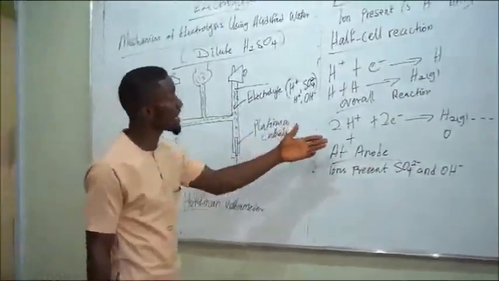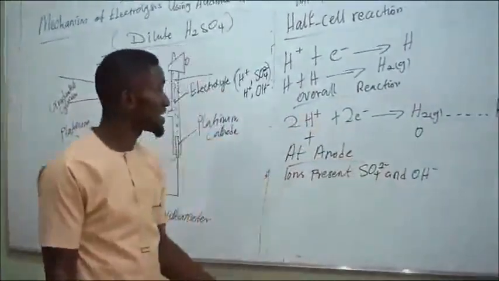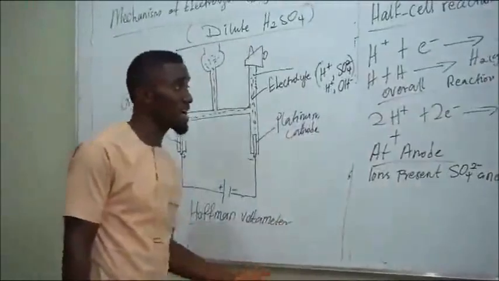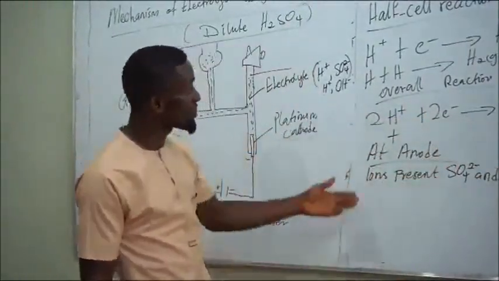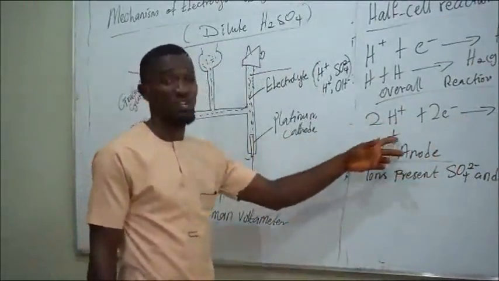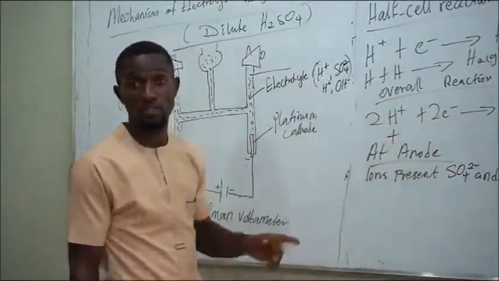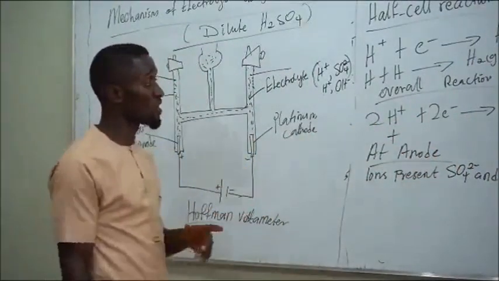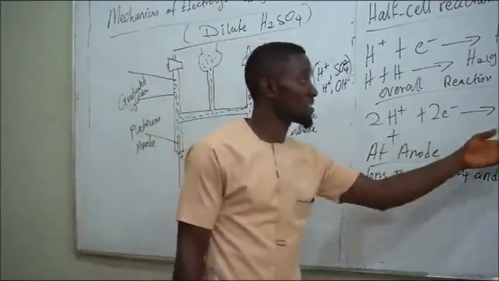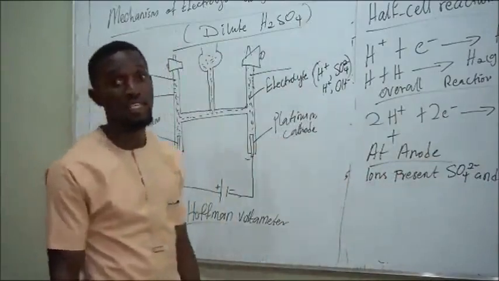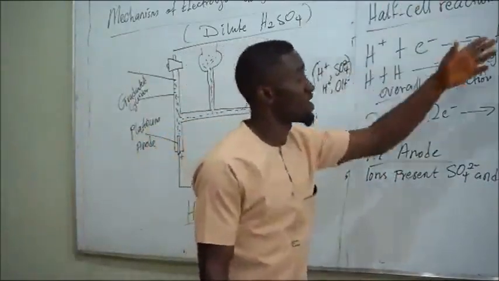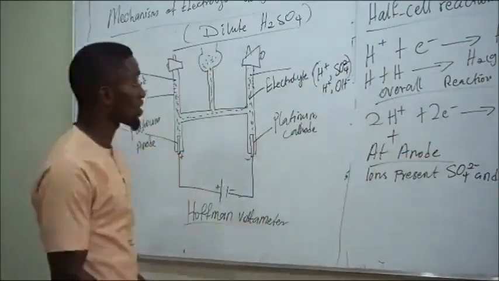Then, when you look at this reaction, you can determine its oxidation number at the reactant side and at the product side. So before the reaction, hydrogen ion is +1. It has +1 valence. But after the reaction, the valence reduces to 0. So we can easily conclude that at the cathode, reduction does occur.